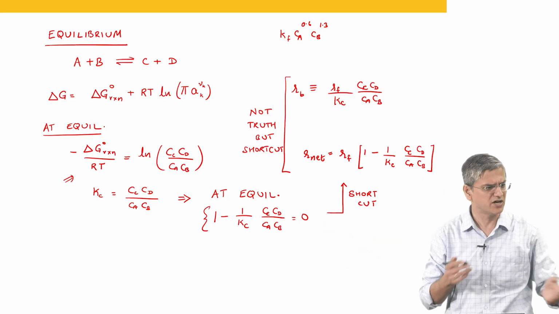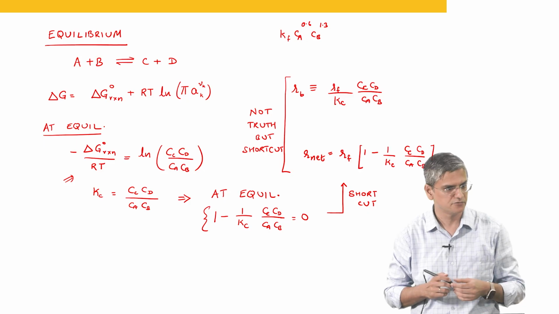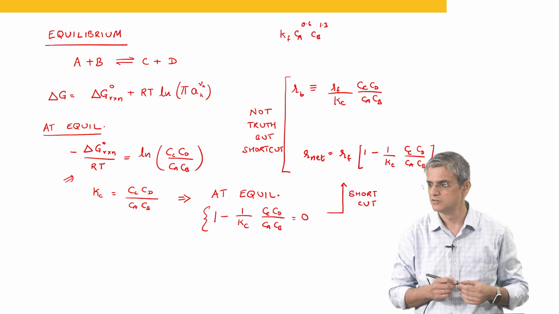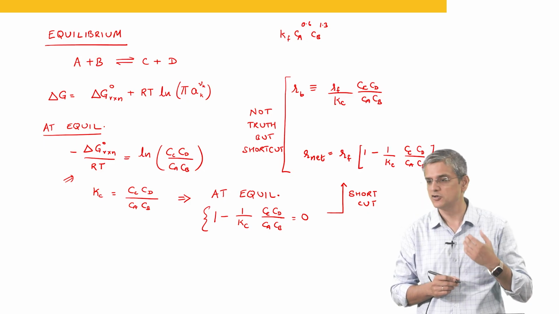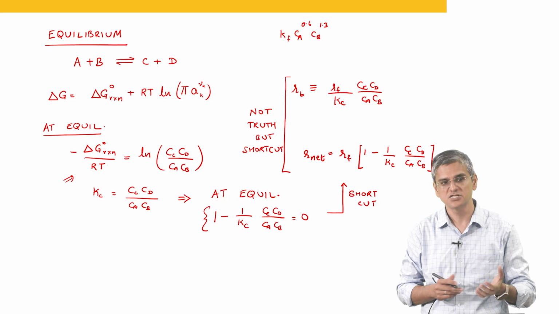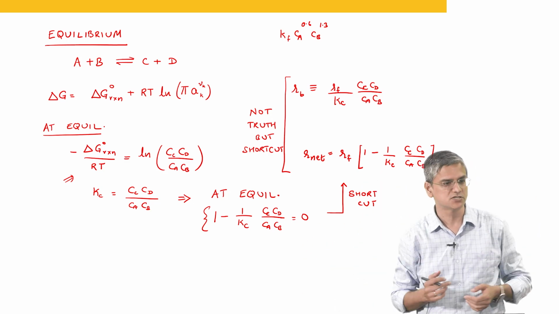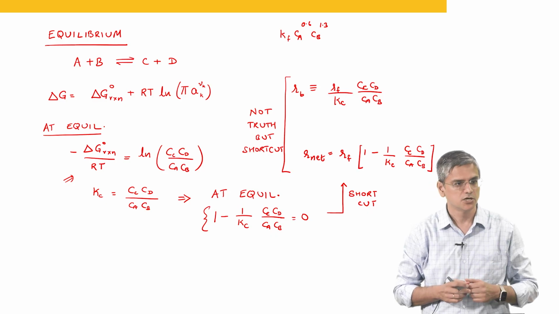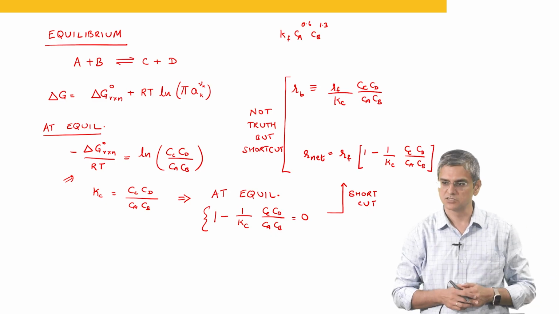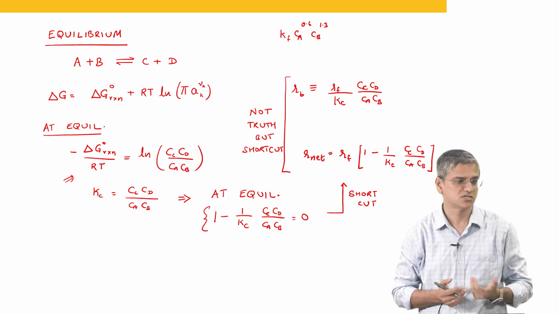So, maybe 1%, 2% error we will tolerate, not beyond that, okay. But if you are not careful about your rate expressions, the equilibrium that you will get might be say 15% conversion, while the equilibrium that you would get might be 43% conversion, they are not the same.